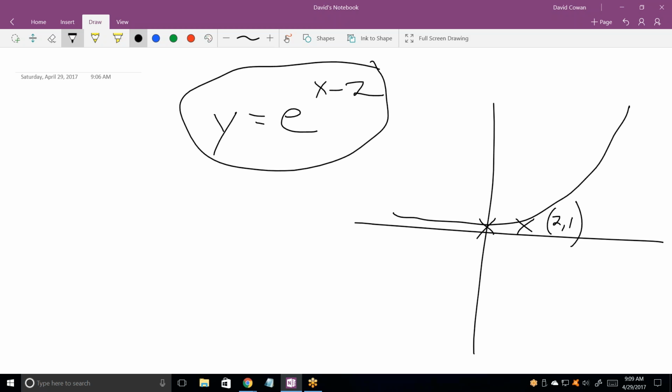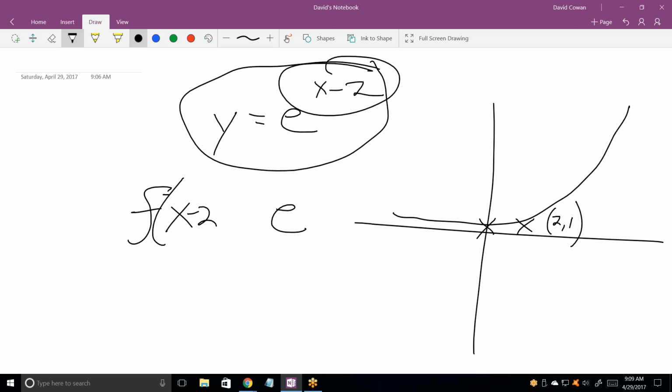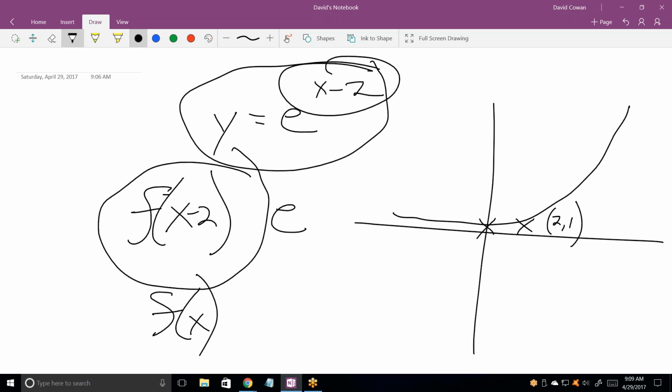All right. But notice why that's inside the function. Inside, affecting x. It really means f of x minus 2, which really is what I mean by inside the function. Inside the parentheses means inside the function. If I have f of x plus 2, that's outside the function.